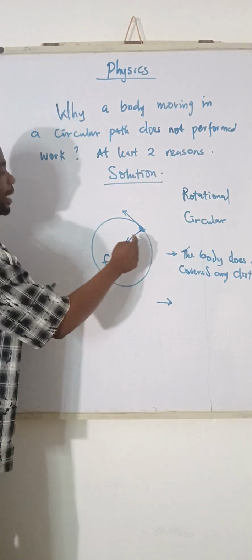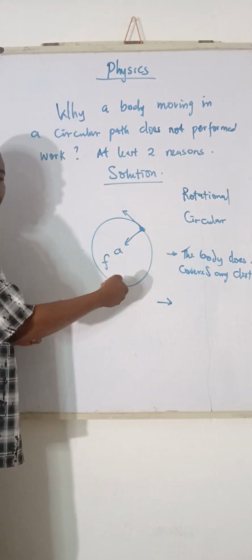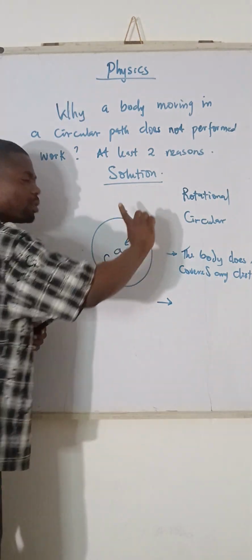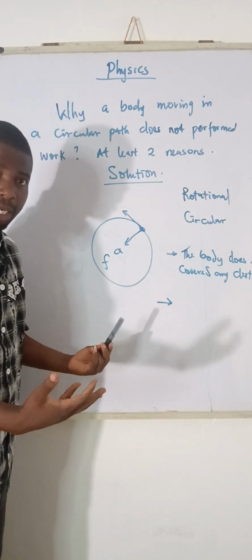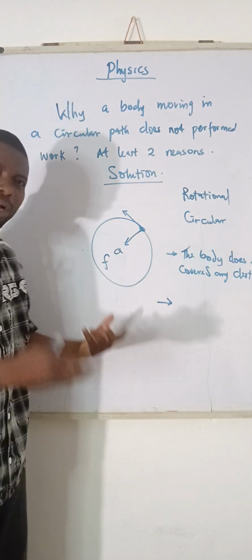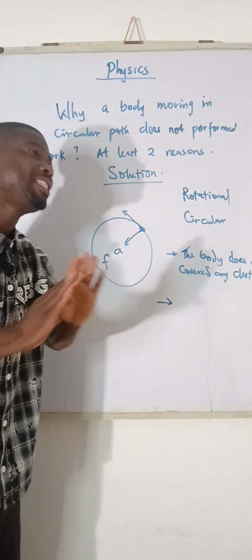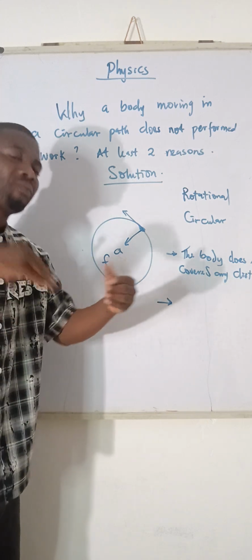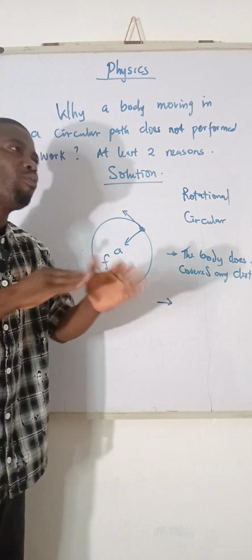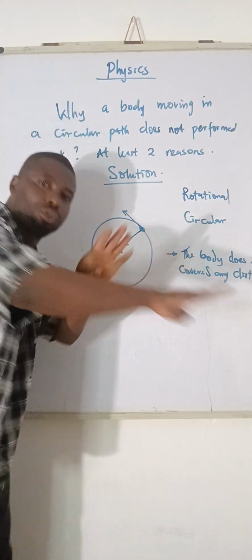In this sense, the direction of the acceleration and the direction of the motion of the body are perpendicular. And work is done when the force and the distance are in the same direction. That is, the distance moves in the direction of the force that produces it.